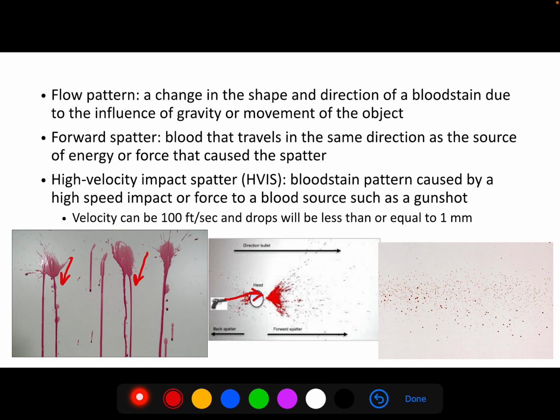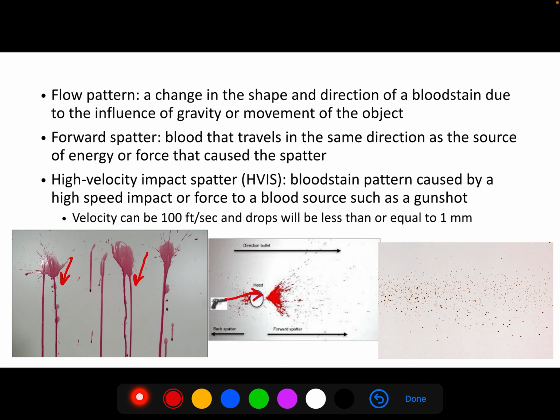We mentioned that you could tell the speed of the impact by the blood droplets. Here on the right, we have high velocity impact spatter, or HVIS. This is bloodstain patterns caused by a high speed impact or force to a blood source, like a gunshot, something that is very high powered, moving very fast.